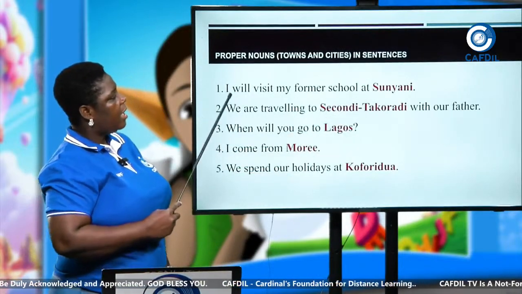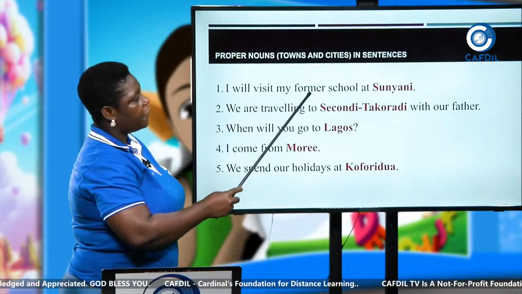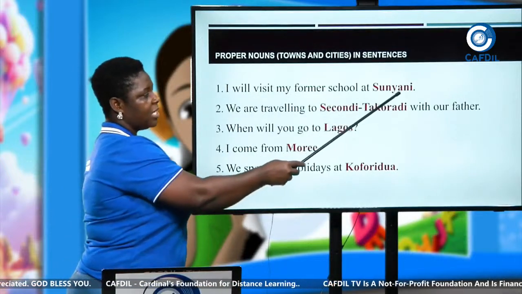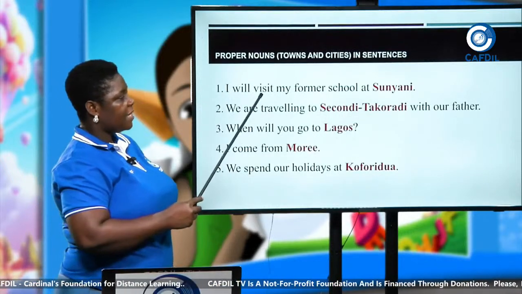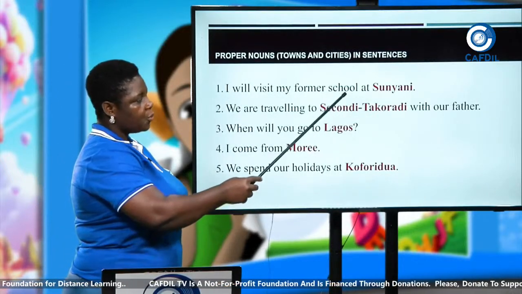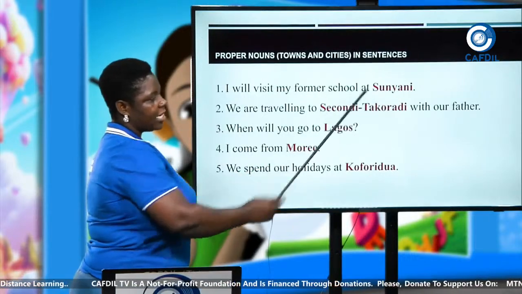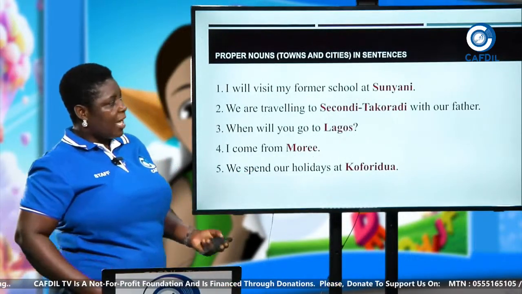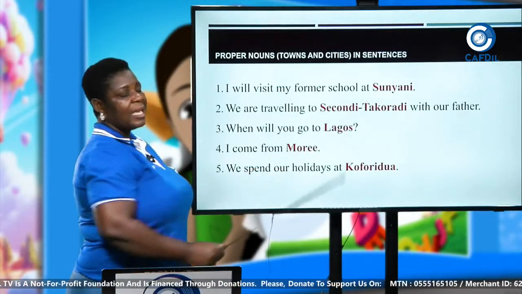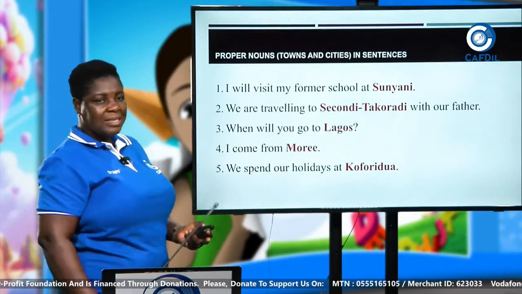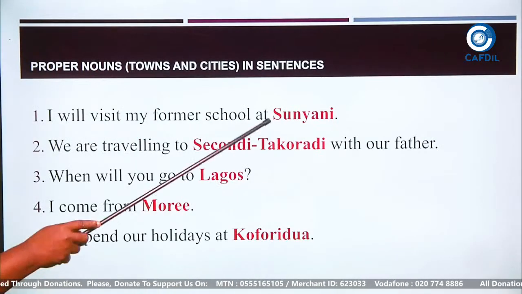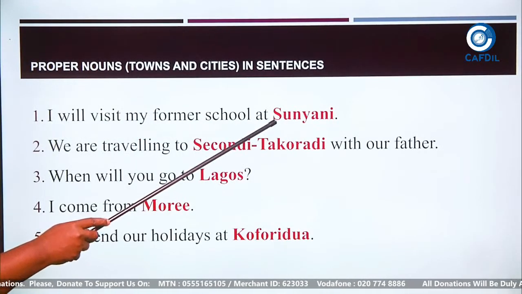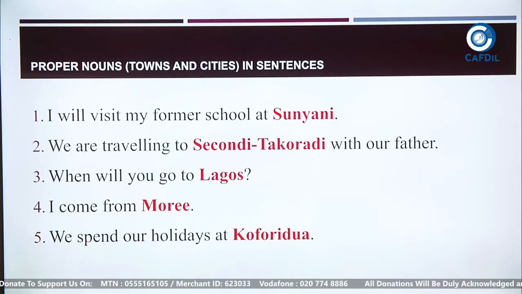Sentence 1. I will visit my former school at Sunyani. You can see that Sunyani is the name of a place in this sentence, and it begins with a capital letter S. Let's look at sentence 2.